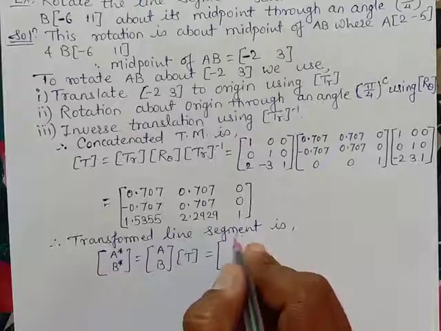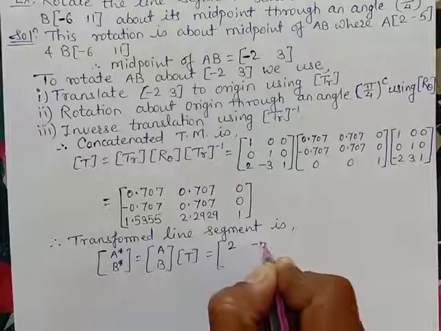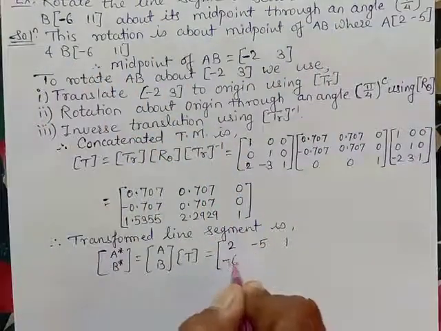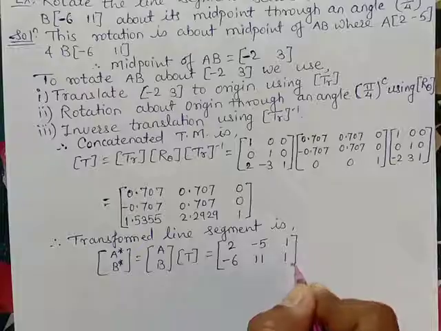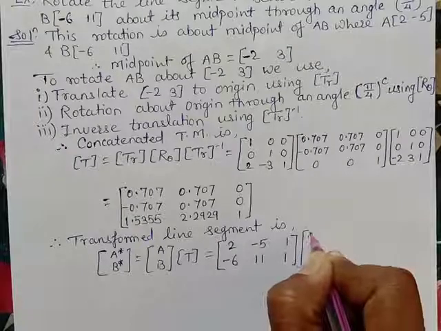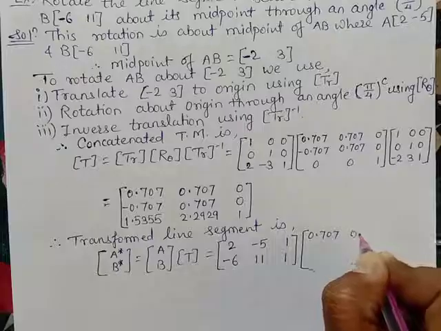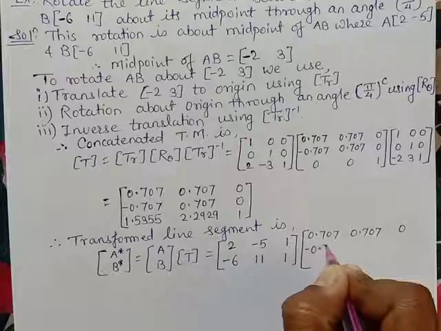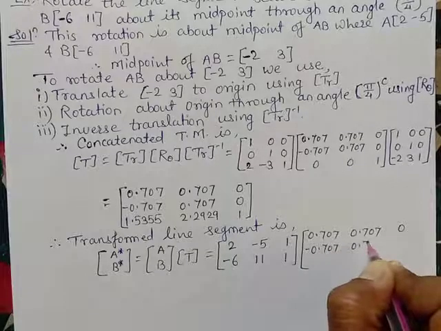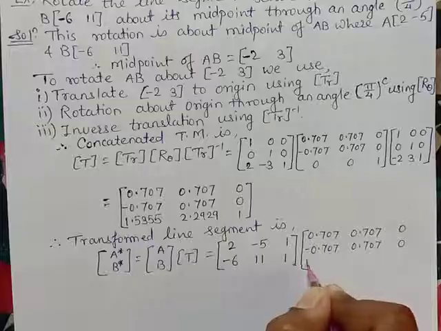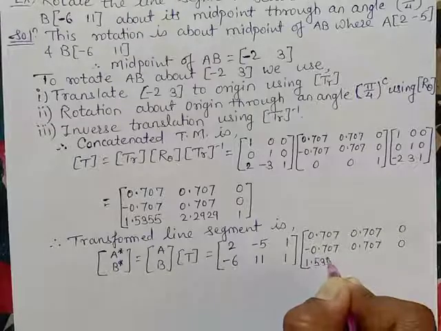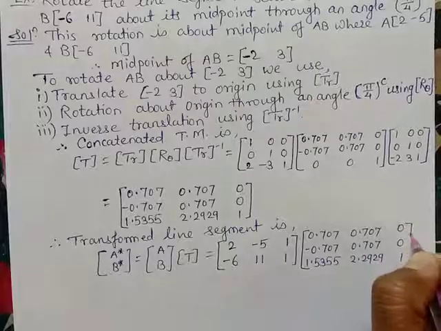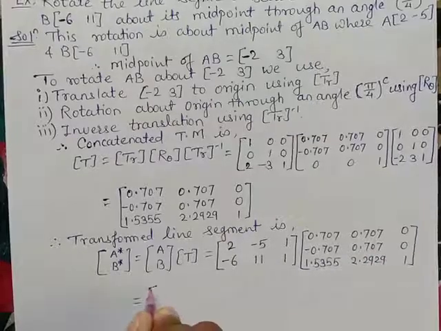It is 2 minus 5 1, right? Point A, and point B is minus 6 11 1. Using homogeneous coordinates we should write. This is 0.707, this is minus 0.707, 0.707, 0, 1.5355, 2.2929 and 1. This will give us the answer.